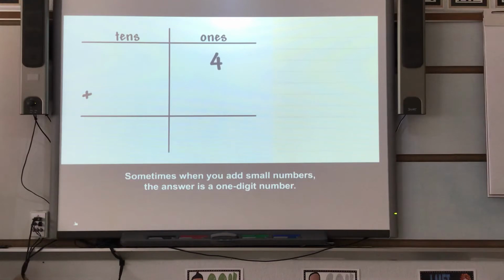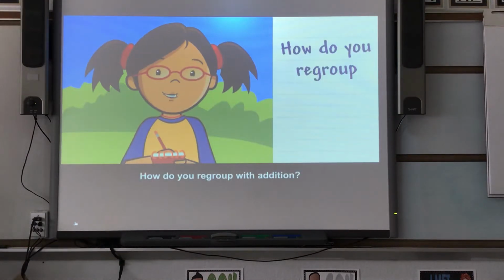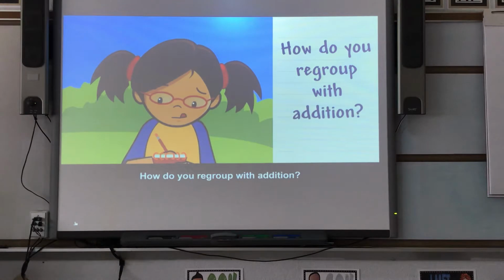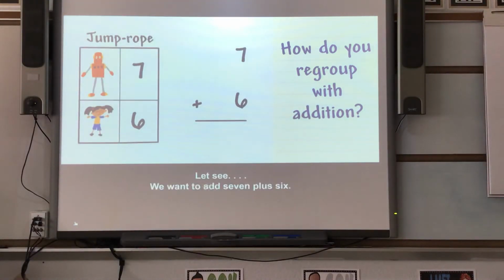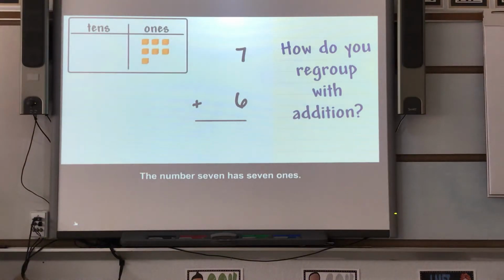Sometimes when you add small numbers, the answer is a 1-digit number. But when you add larger numbers, the answer can have 2 digits. You can't fit a 2-digit number in the ones place, so you have to regroup. How do you regroup with addition? Let's see. We want to add 7 plus 6. The number 7 has 7 ones.